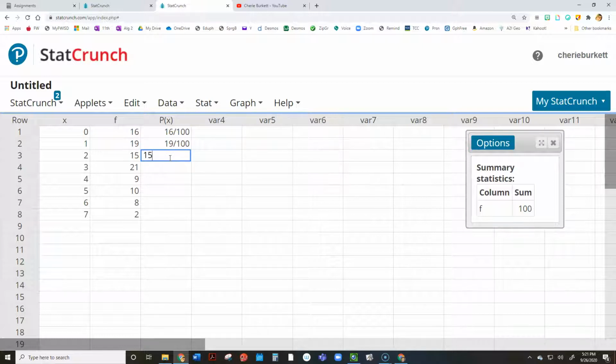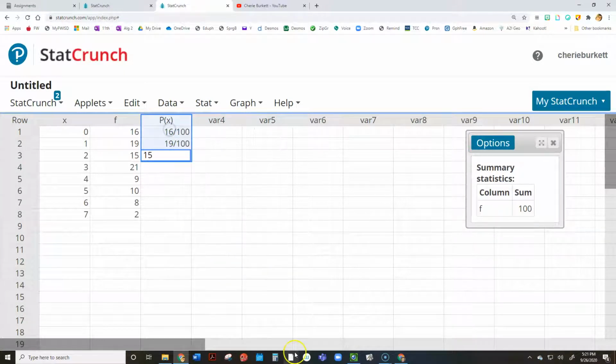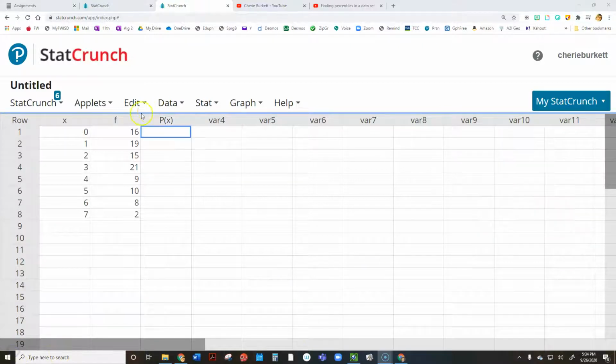15. I don't like that. I wonder if there's another way I can do that. Delete. Okay, so I've researched it, and the best I can tell is I can't find a way to do it.